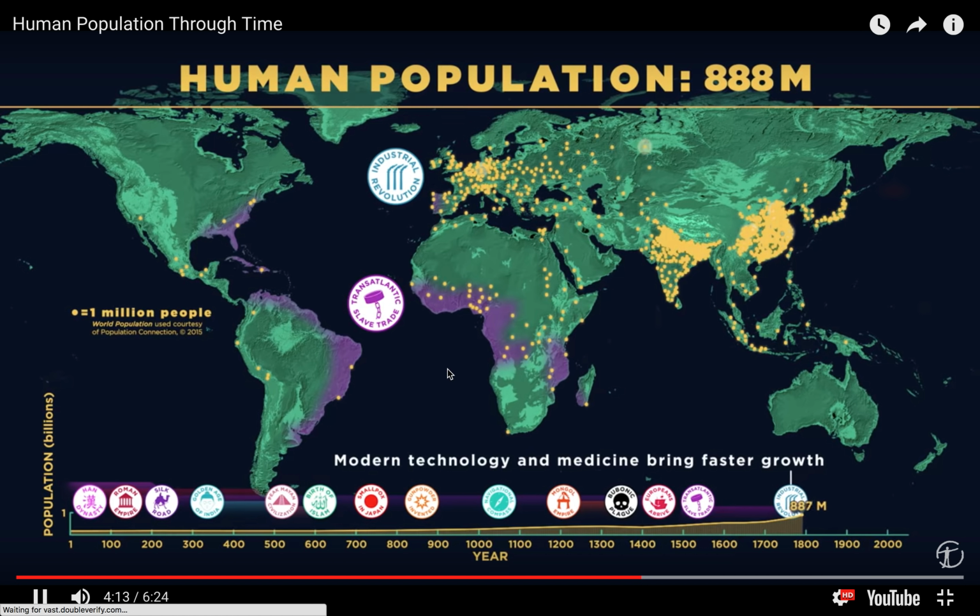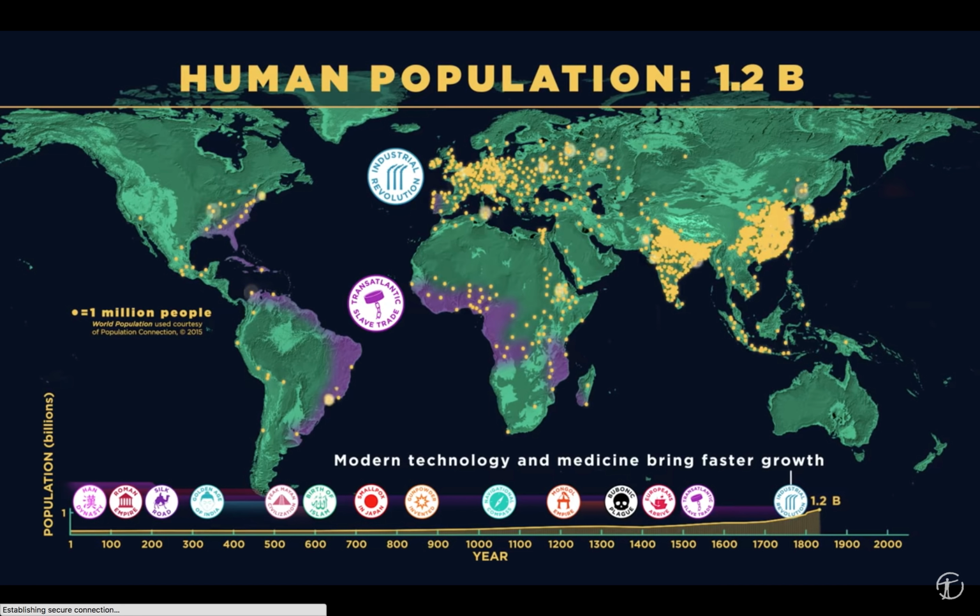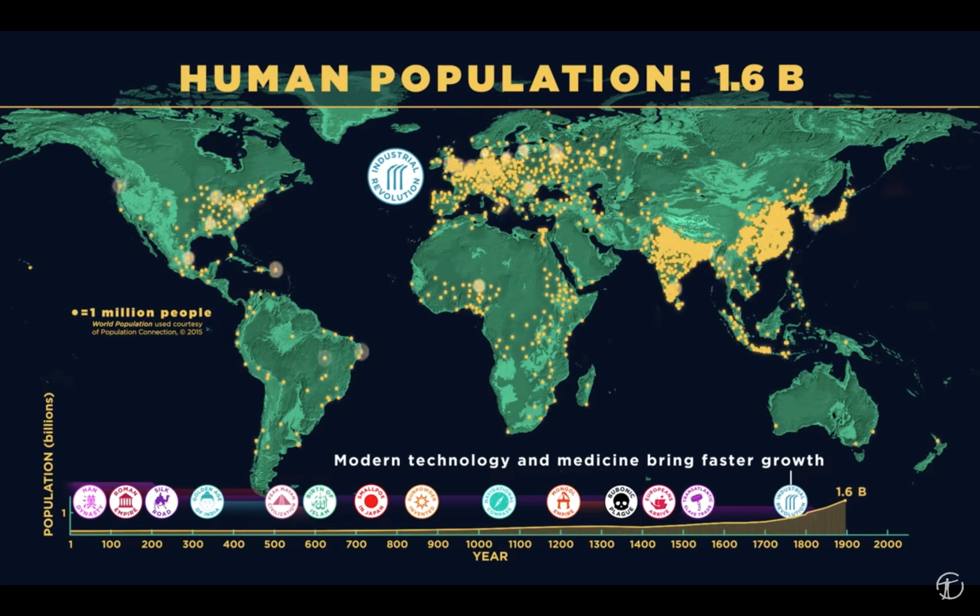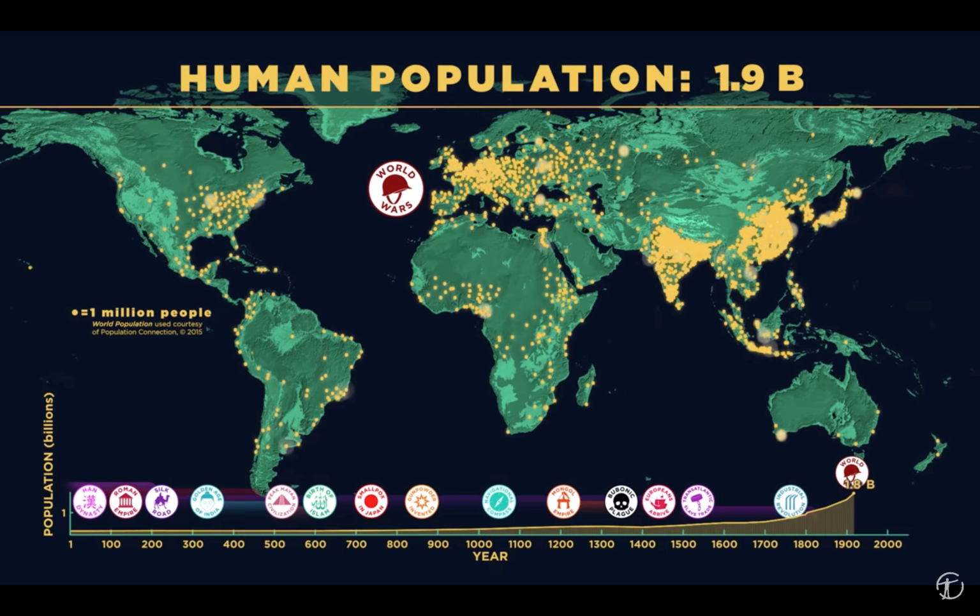things are popping up. And all of a sudden the human population is starting to dramatically increase. And you can see in what regions of the world it's increasing. So now the United States is finally starting to pick up as we're getting into the 1900s.